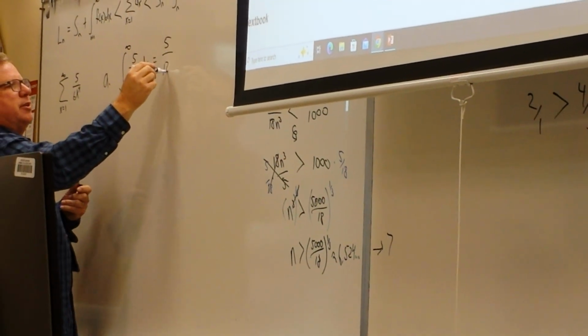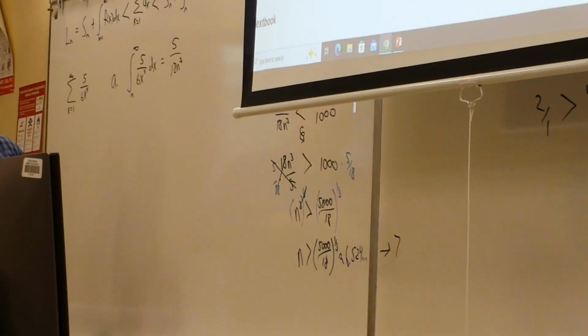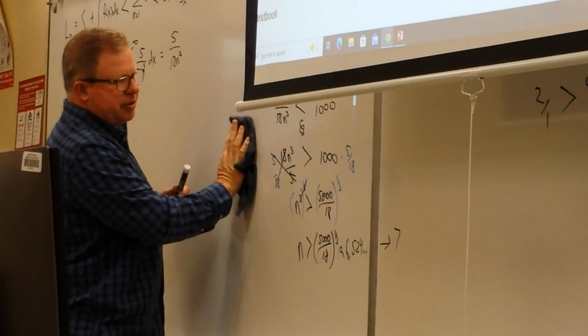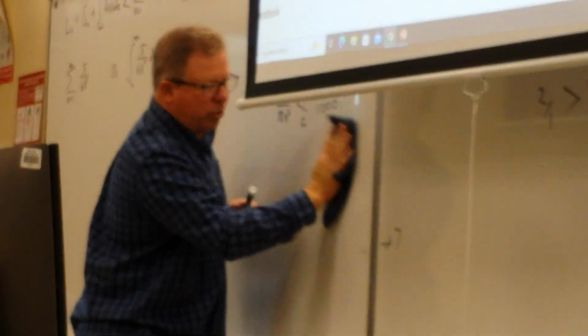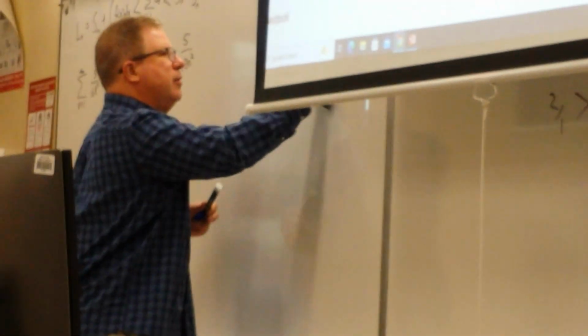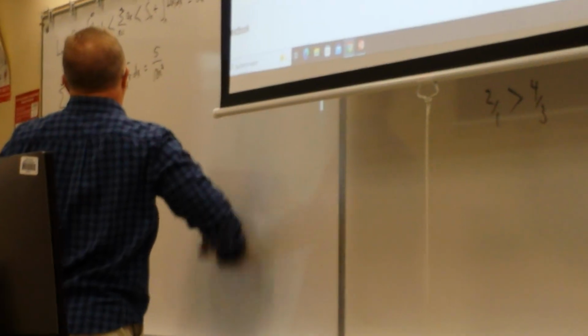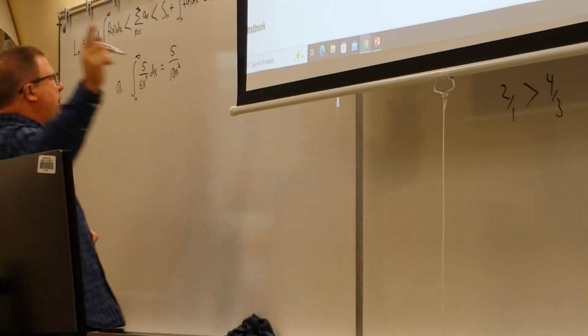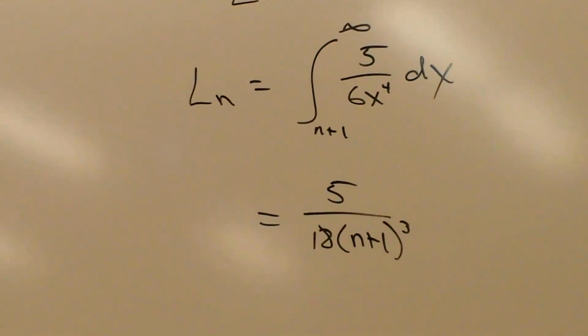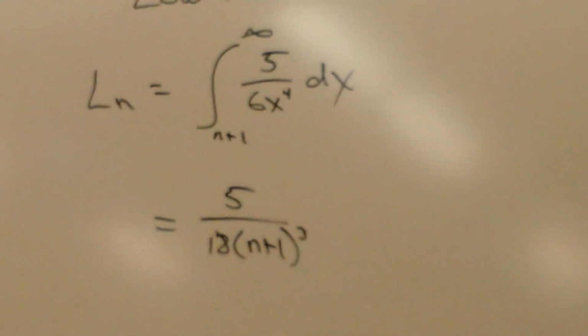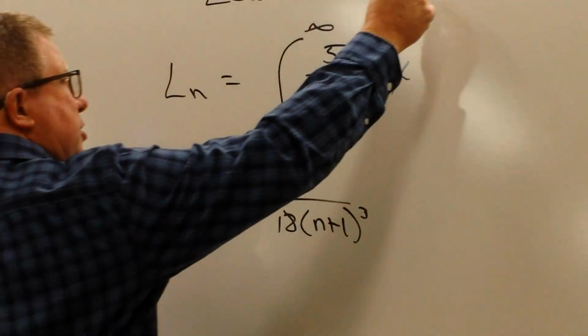Let me just put 5 over 18 in cubed there. Just erase the work, get it out of the way. Let's erase this. We don't need this anymore. Now that one over there, lower bound. We didn't take any pictures of that.